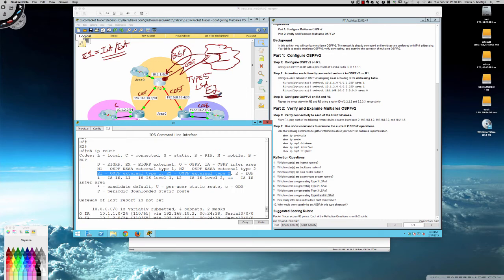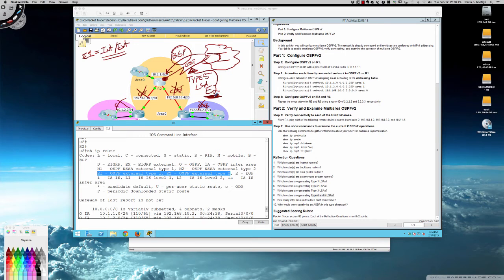E2 is just the opposite, where E2, the only cost he is worried about is the external cost. So E2 does not care about any of these costs that might be associated with getting into and out of the network. He doesn't care about the internal cost. And again, E2 is the default.